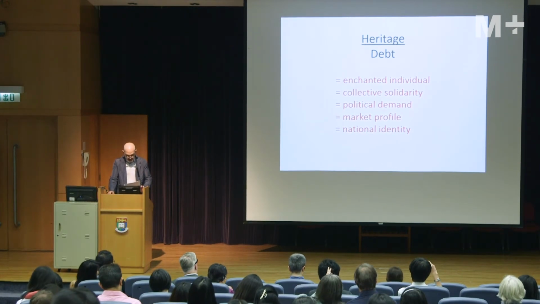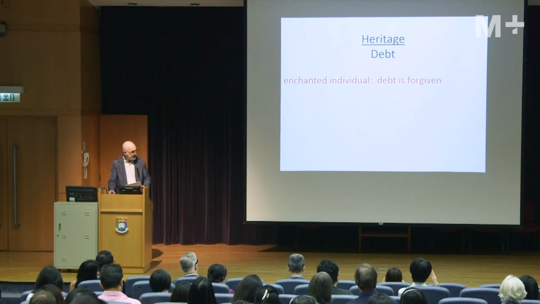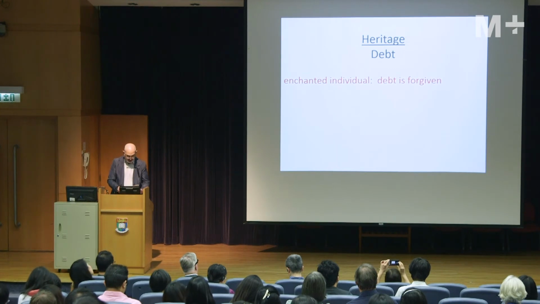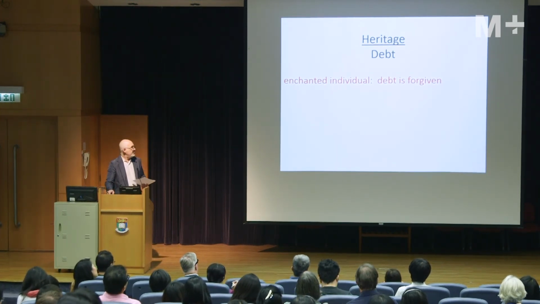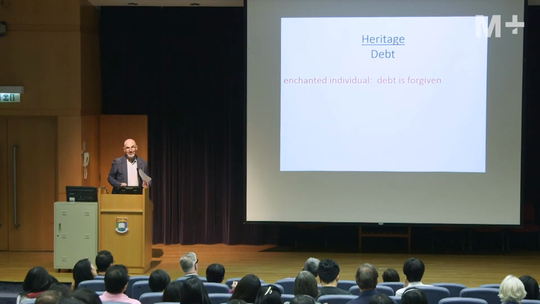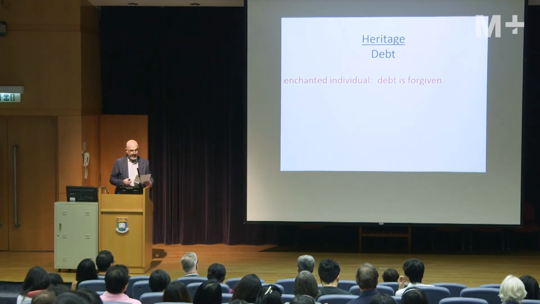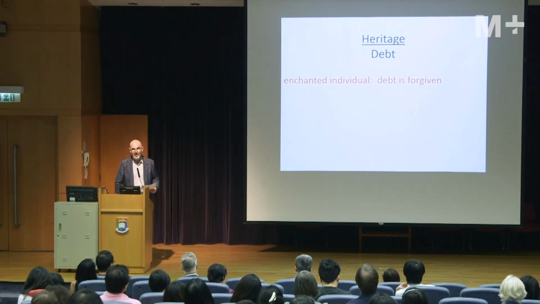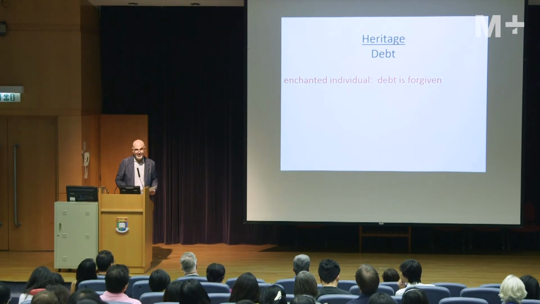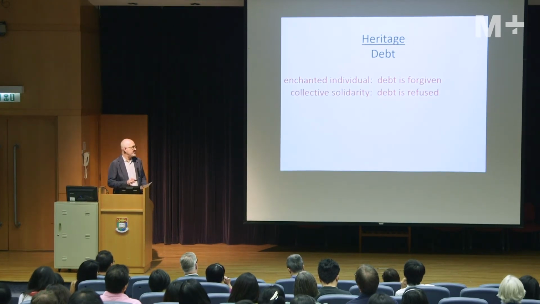So let me summarize then the field described by ratio of heritage and debt. The enchanted individual, the magician of the earth, causes debt to be forgiven, because how can you charge a magician, right? A magician is outside normal economies.